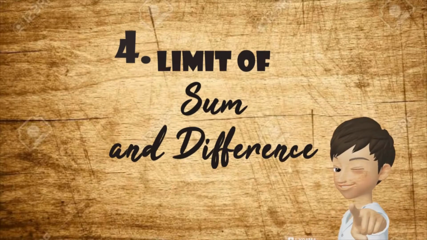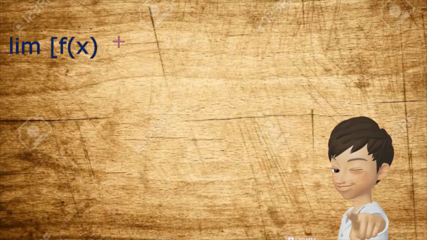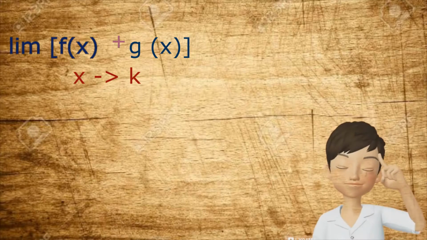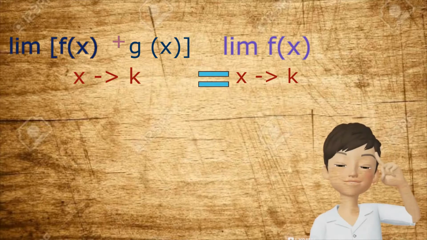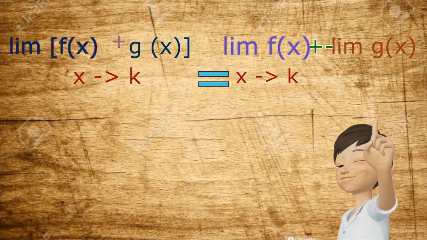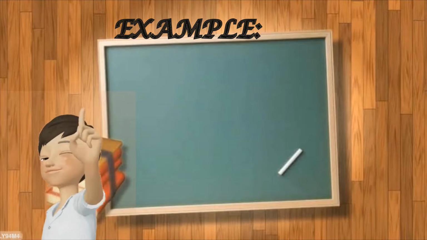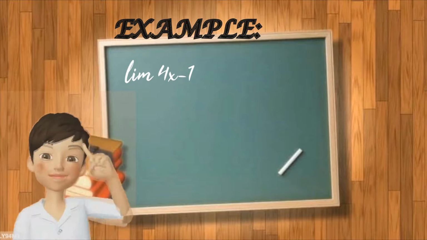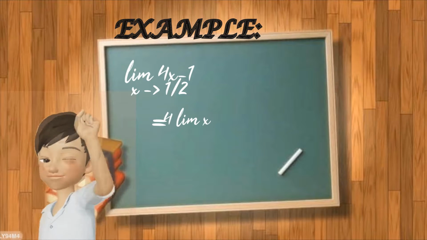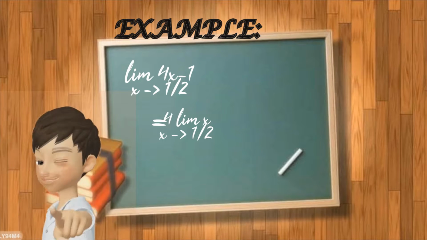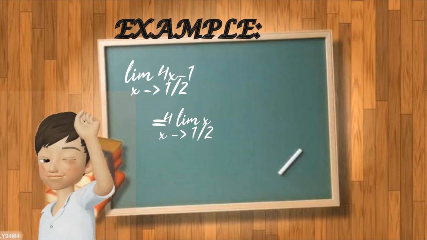Limit of sum and difference of a function, where the limit of f of x plus or minus g of x as x approaches k is equal to the limit of f of x as x approaches k plus or minus the limit of g of x as x approaches k. Gamitin naman natin siya gamit ang rational. Limit of 4x minus 1 as x approaches 1/2 is equal to the limit of 4x as x approaches 1/2 minus the limit of 1 as x approaches 1/2.